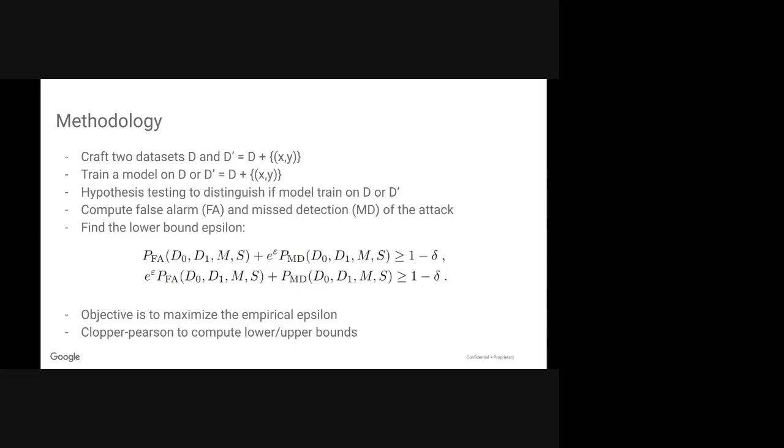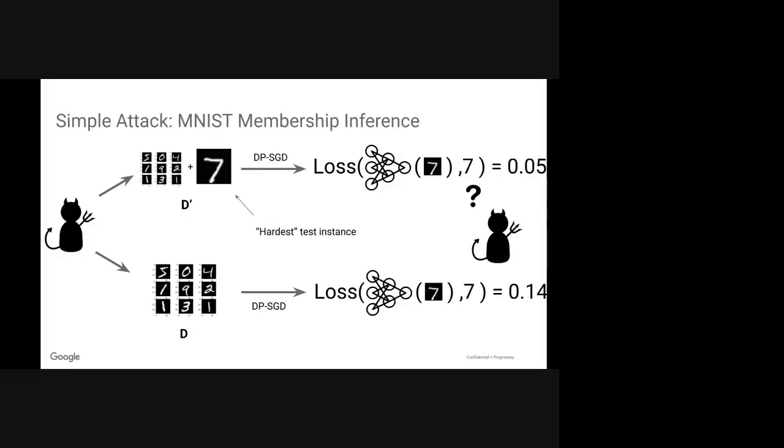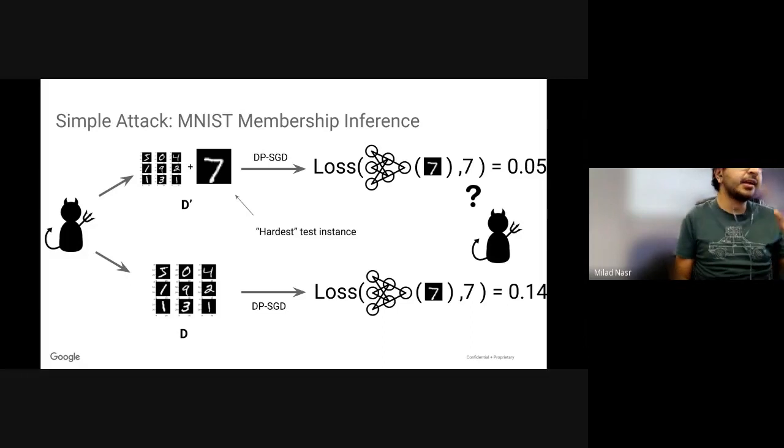Yeah. So let's start with a very simple attack. The most popular attack currently in the community is called membership inference. We have two datasets, D and D prime. The adversary selects one instance from the test dataset and adds it to the training dataset, like the 7 in this example.